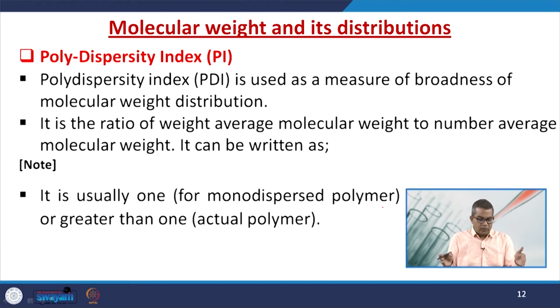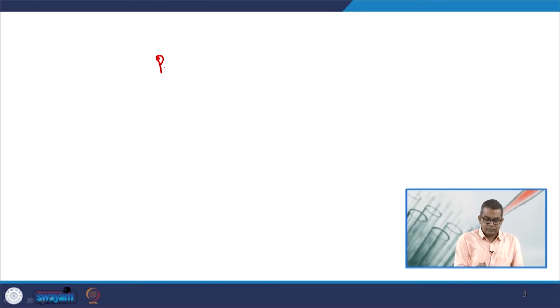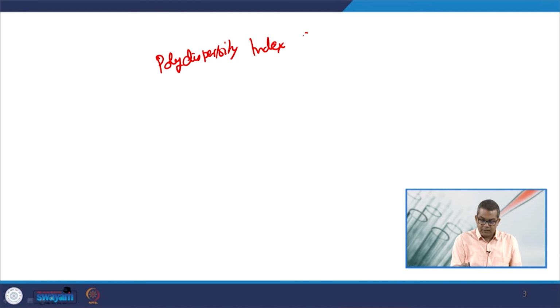Usually it is the ratio of weight average molecular weight to the number average molecular weight. Now, it can be written as polydispersity index Pi.